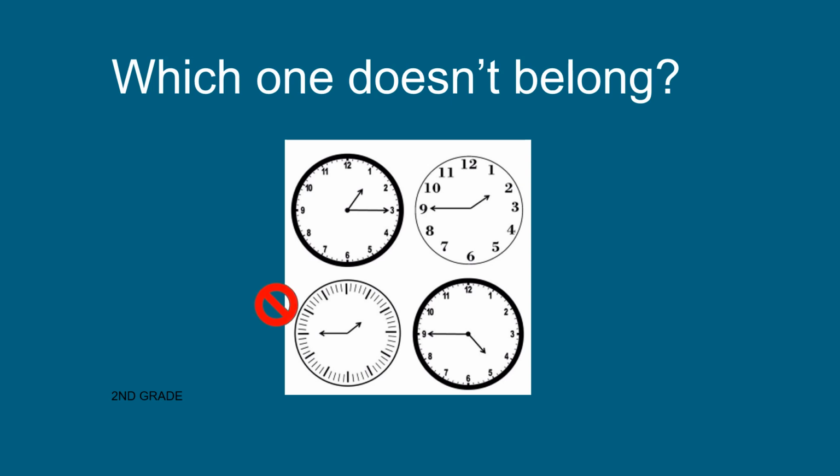This clock does not belong because it is the only clock that does not have numbers on the clock face. The first clock does not belong because it is the only clock with a minute hand on the right side, pointing at 15 minutes. All of the other minute hands point to 45 minutes.